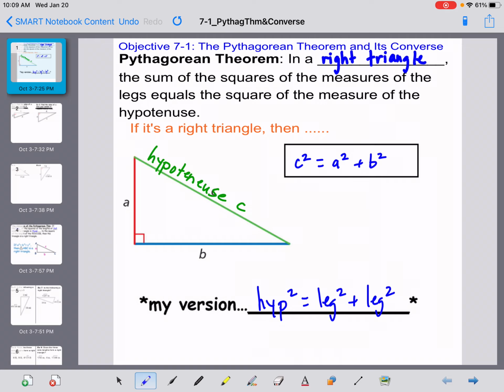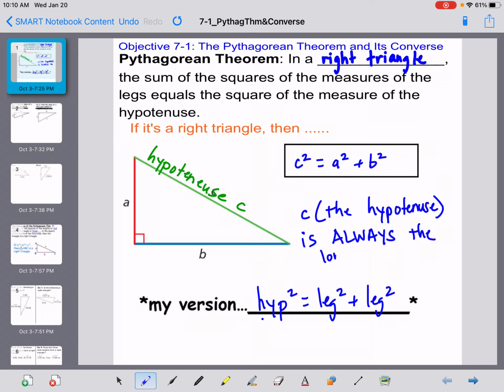And the thing that you really want to remember is that C, the hypotenuse, is always the longest side. That's very important to remember. That lets you know which one's the hypotenuse and which ones are the legs if you don't have a picture.